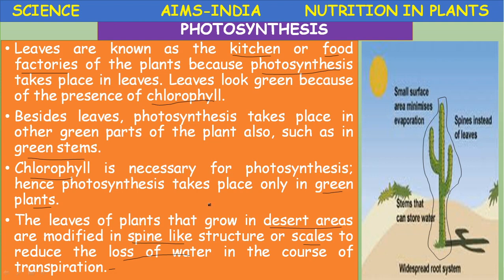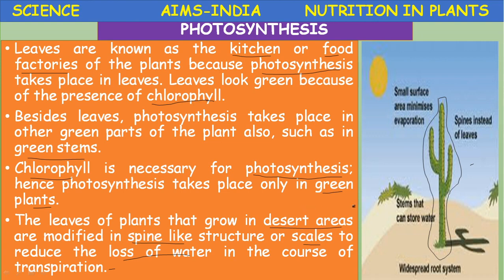If the leaves are present, then the plant will lose more water, so the leaves are reduced into spines. But photosynthesis also takes place in the leaves, so that photosynthesis function has to be undertaken by some other part of the plant, otherwise the plant cannot survive.